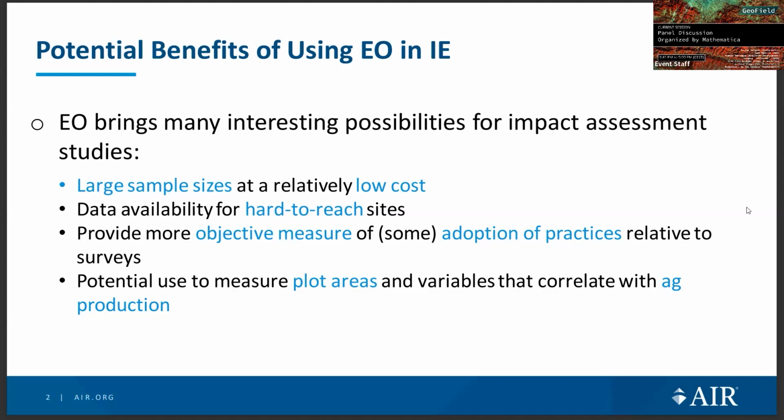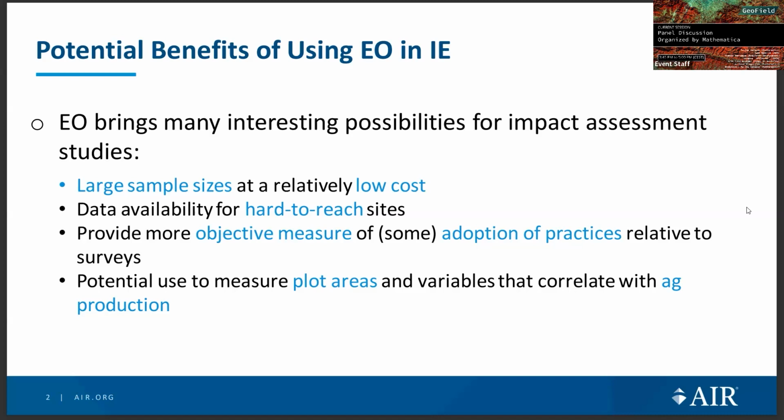Even for adoption of some things that you can observe, having a more objective way of measuring those practices is useful, because sometimes when you ask a farmer, did you apply this particular practice, they may not recognize it by name. So you may end up with weird data where you were sure that people were actually applying what they were supposed to apply, and they say no to the question. So in a way, using this more objective measure could be good.